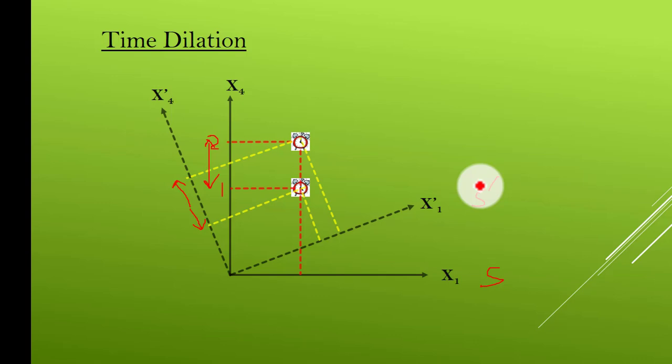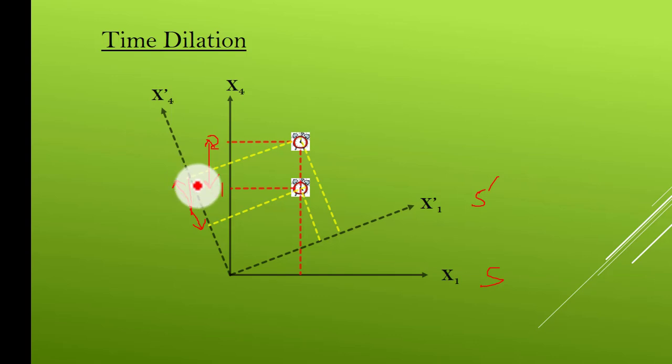If you want to check it, you can draw the same diagram in PowerPoint somewhere, or on paper. Then measure this length by scale, and draw a line perpendicular here, equivalent to the length of this rod. Then you will get to know that this length will be smaller compared to this one, which is the time span in the S prime frame of reference.